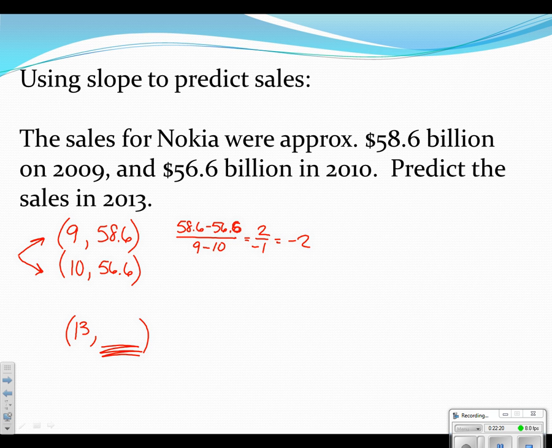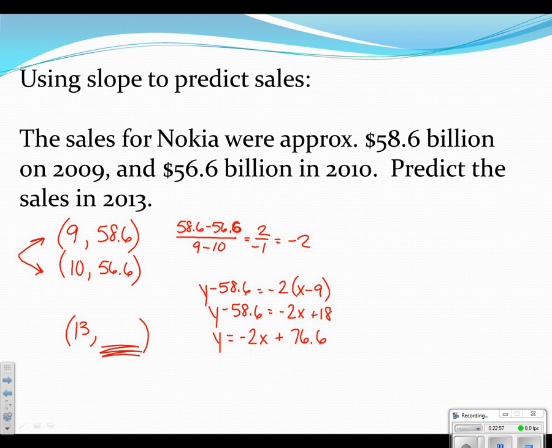So in setting up our linear equation, I'm using point slope form again. I just like that one a little bit. So y minus 58.6 would equal negative 2 times x minus 9. Okay, so start solving. Move the negative 58.6 to the other side, and we get this equation.